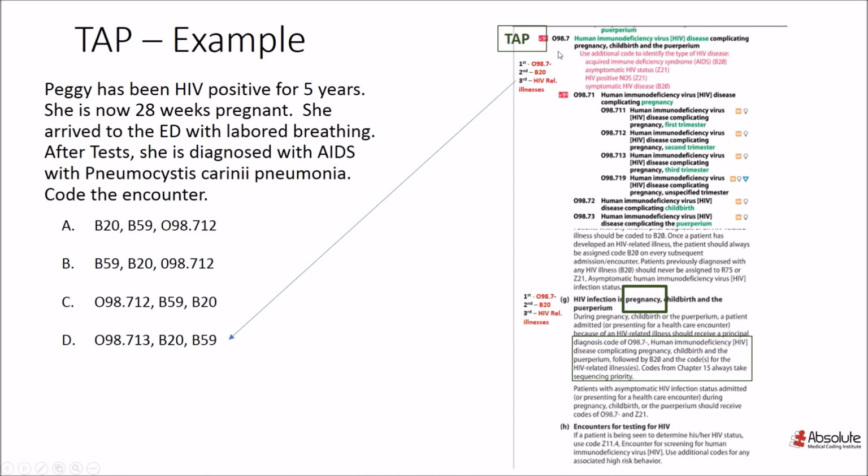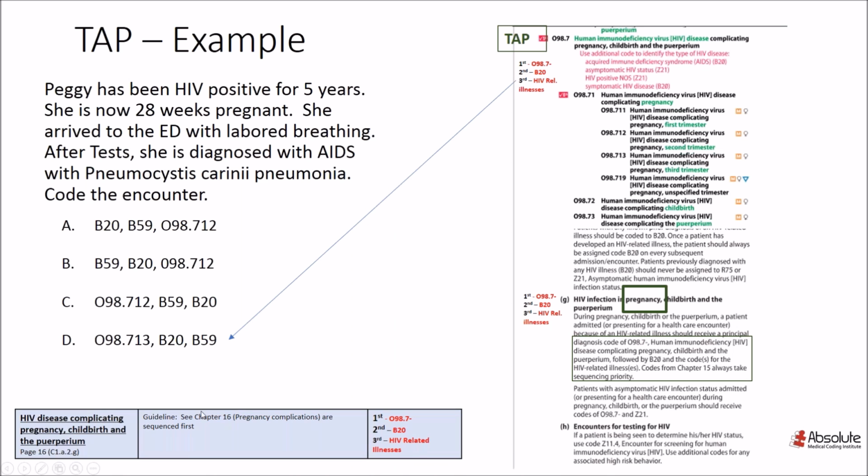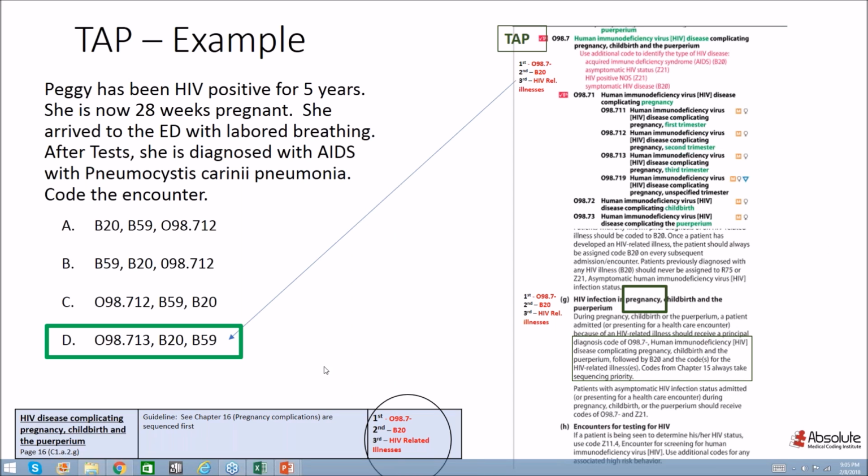Now, how was I able to tap my tabular list, my guidelines? Well, I have a TTT manual, and inside the TTT manual, the flip portion right here, the guideline is HIV disease complicating pregnancy, and the sequencing order is in the third column, and I was able to choose D. So that's a brief instruction on TAP.